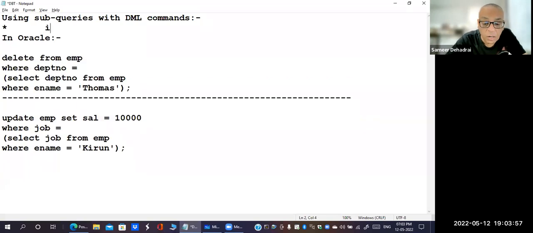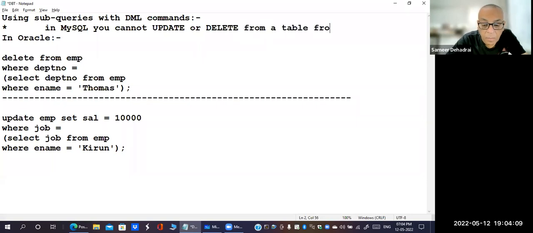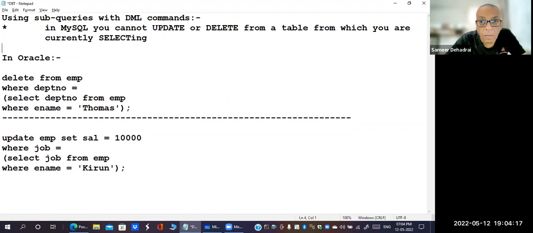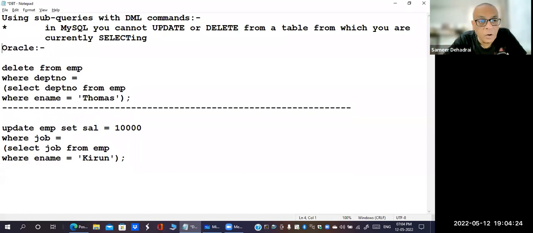So in MySQL, you cannot update or delete from a table from which you are currently selecting. It creates a problem in read and write consistency.